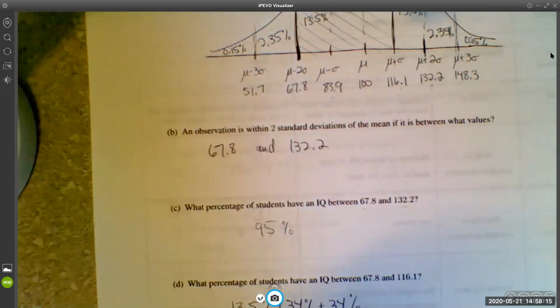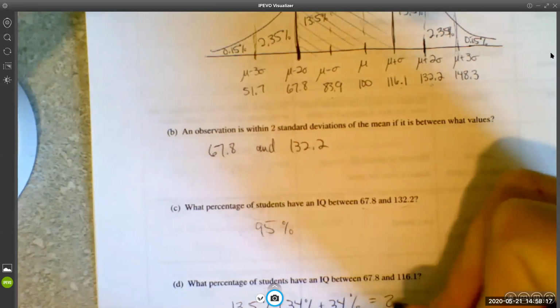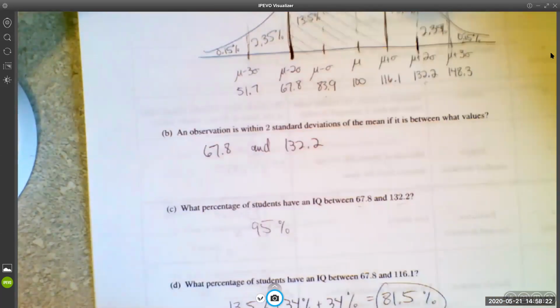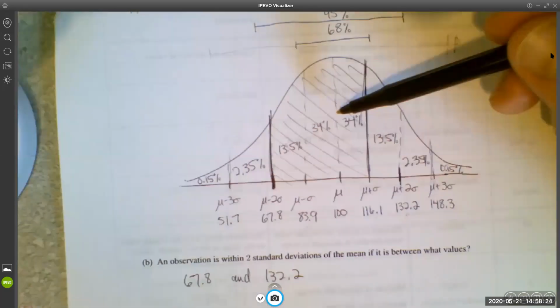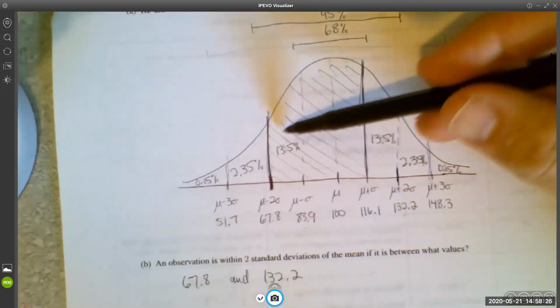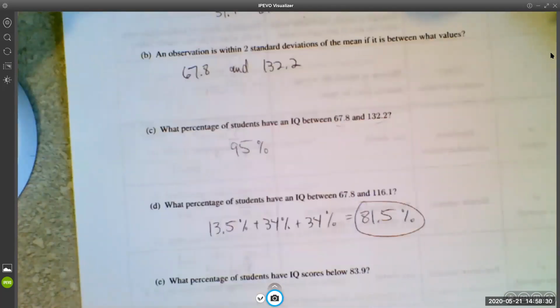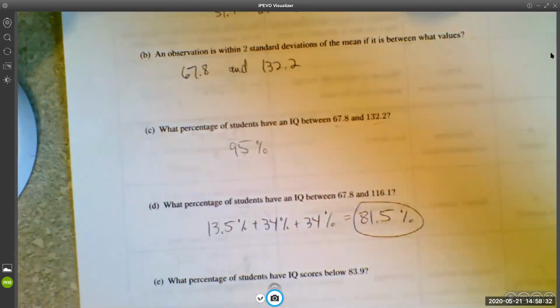And that's 81.5. Now, if you're thinking to yourself, well, couldn't I have just said 68 plus 13.5? And the answer is yes, of course, right? There's more than one way to skin a cat. But as long as you're getting 81.5.